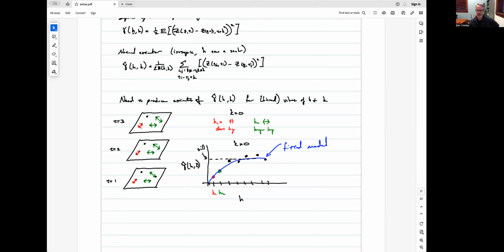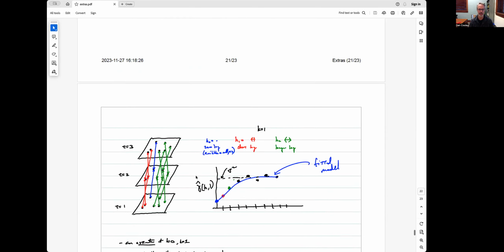And we would, by eye or something, get a model where the sill seems to level off where the data seems to be leveling off, with an effective range that's approximately right. If we shrunk things down, we could talk about smoothness, but we get an idea of how spatial dependence works at time lag 0. Well, we've only done it for one time lag. We need to do this for time lag 1 and time lag 2. So let's take a look at what that might look like.